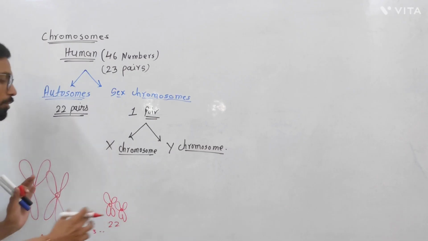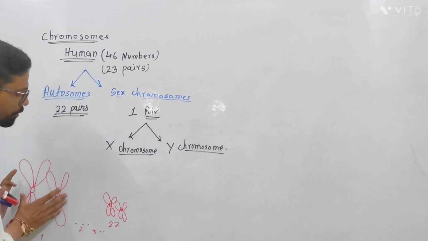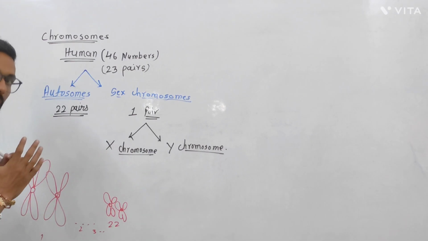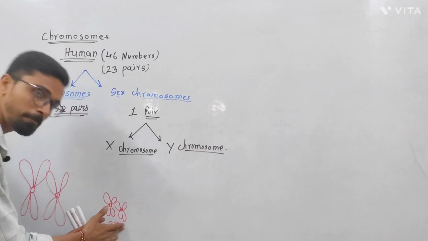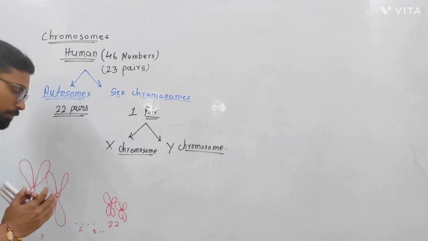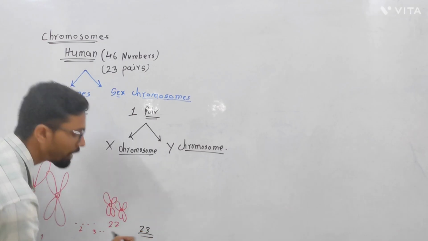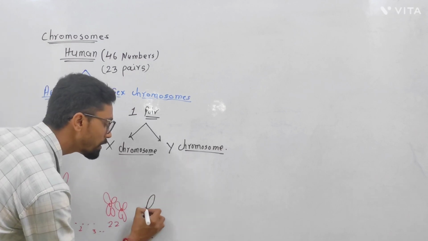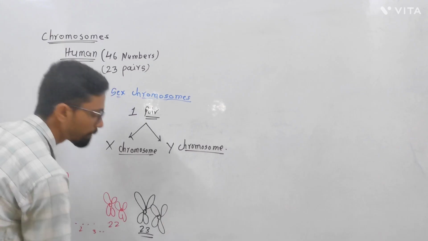But how can we say this is the first pair and this is the 22nd pair? The first is the biggest pair of chromosomes structurally. Gradually downwards come the second through the 22nd, which become smaller. Now when the 23rd pair comes, it may be the same size.